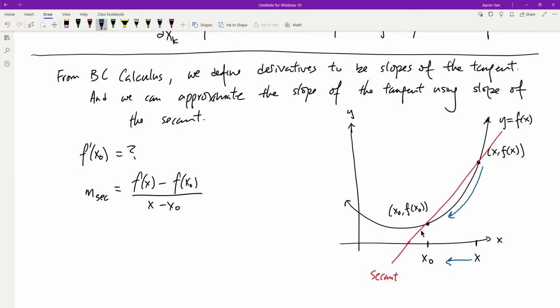Now I will have a line that's formed by 1 point, and that's basically what the tangent would be. So therefore, the simple concept is that f prime of x sub 0 is basically equal to the slope of the tangent, which is equal to the limit as x approaches x sub 0 of the slope of the secant.